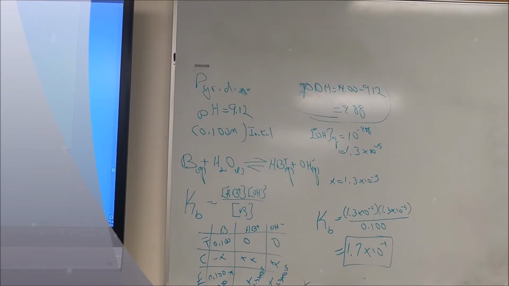Come on, book, work with me here. Okay, the problem reads, find the hydroxide ion concentration and the pH in a 0.33 molar methylamine solution.